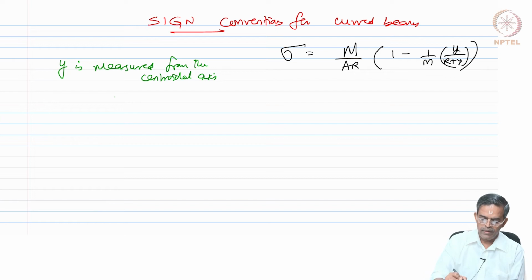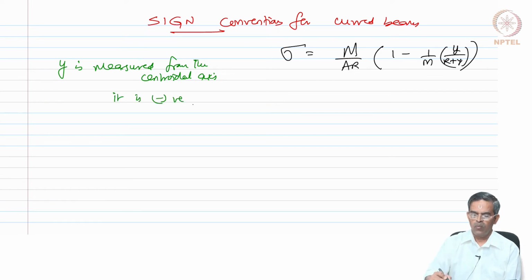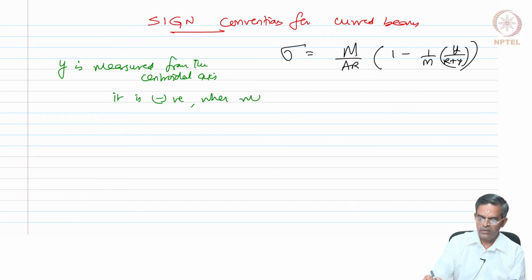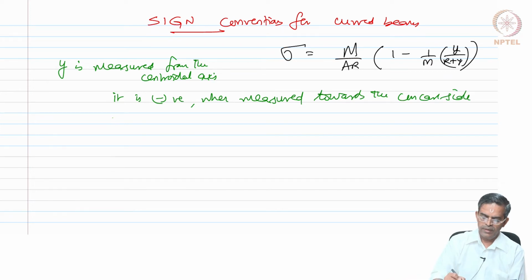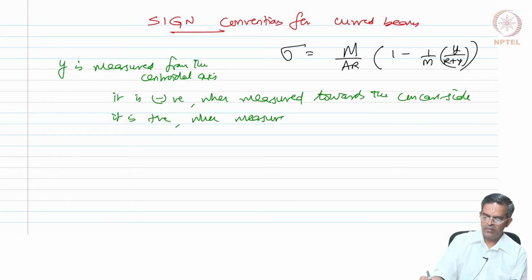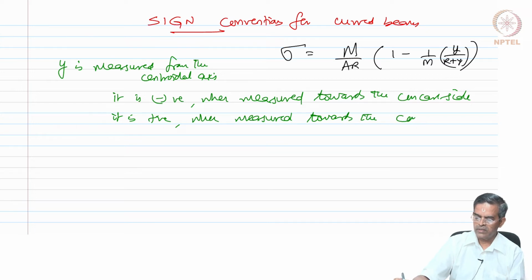It is negative when measured towards the concave side. It is positive when measured towards the convex side. Now, one will have a confusion.